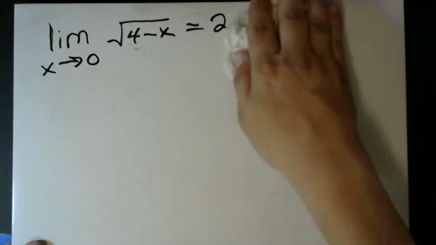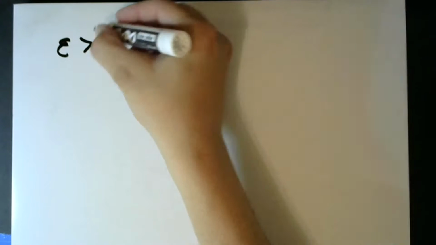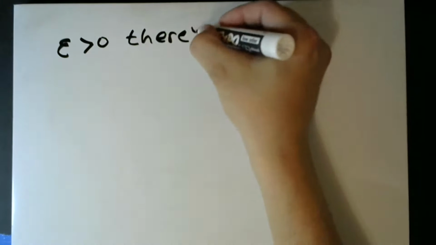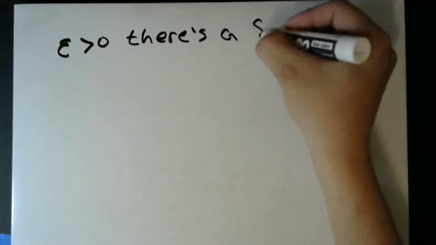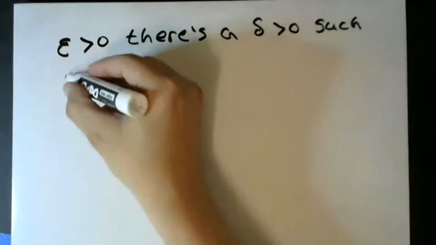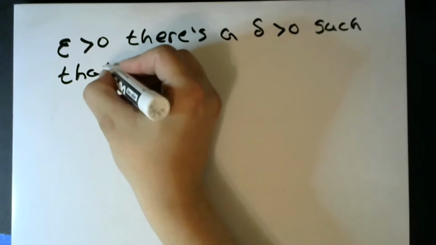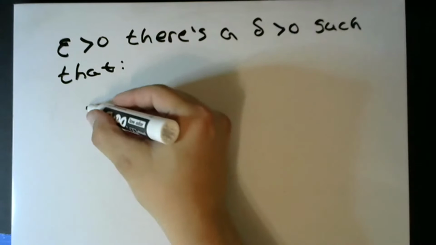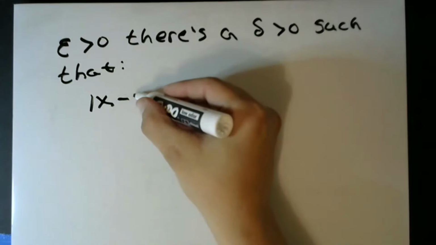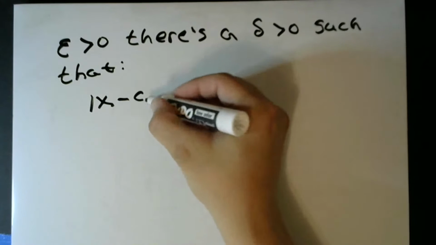So what we're going to do with this limit, what we want to show is for any epsilon greater than 0, there's a delta greater than 0 such that if we have the absolute value of x minus c, in this case we're approaching 0, but we'll say x minus c.